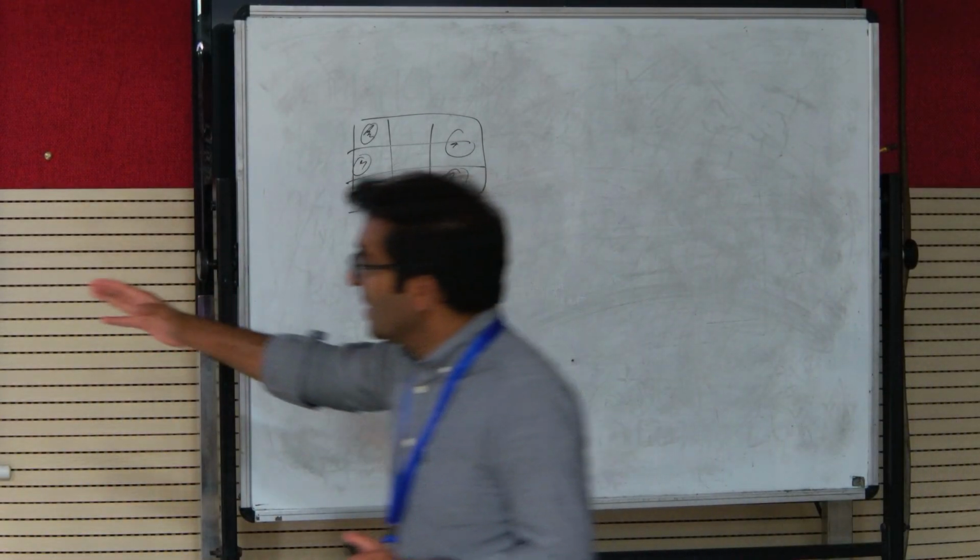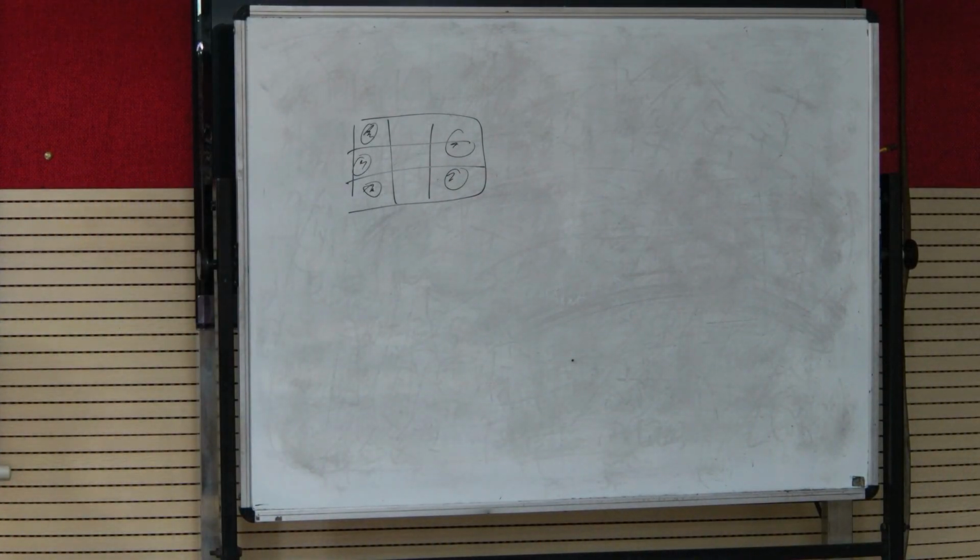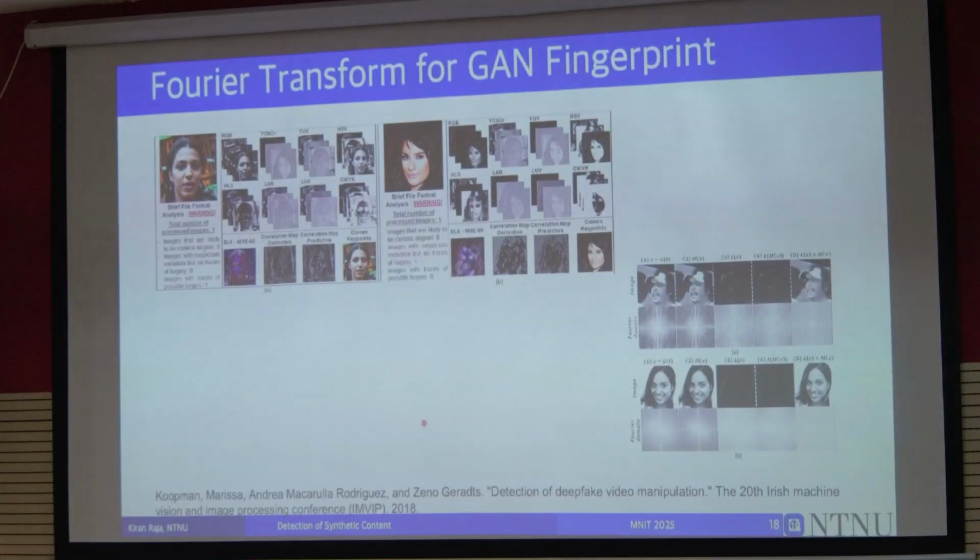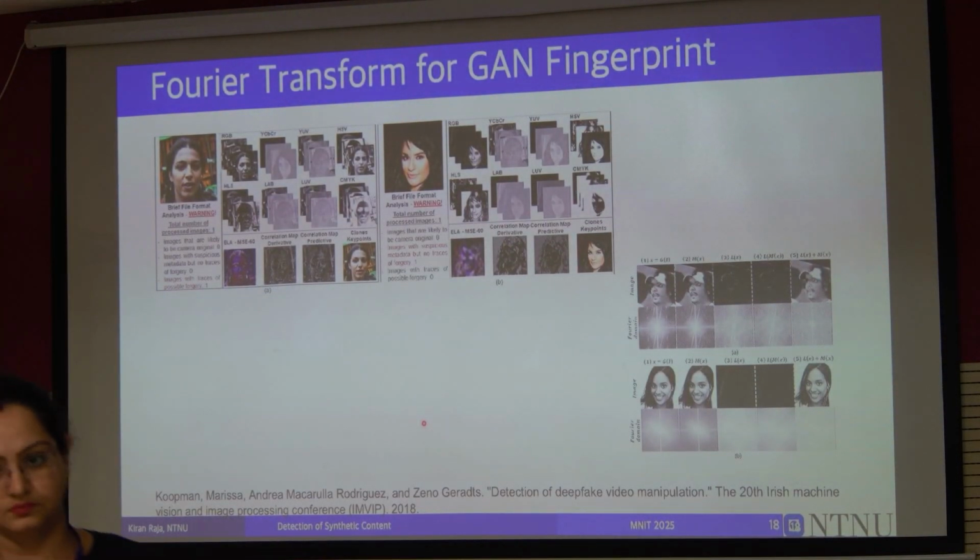Then you start seeing the spread of the signal, which is very different for real images versus synthetic images. In real images, the frequency is spread very uniformly, which looks natural, compared to those generated by GAN networks, which are very condensed and concentrated.